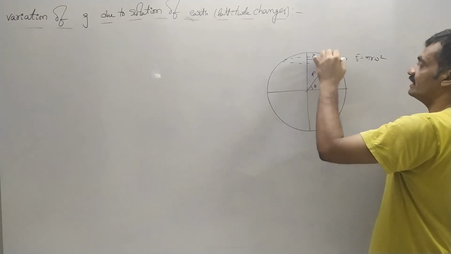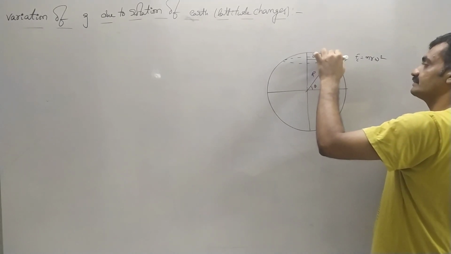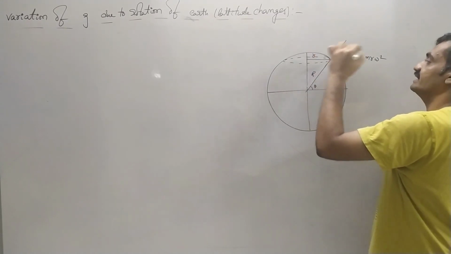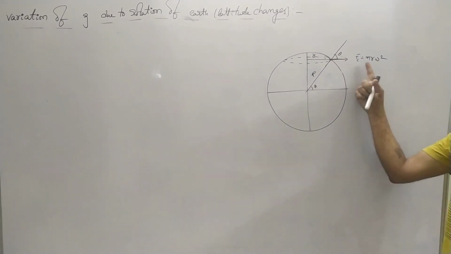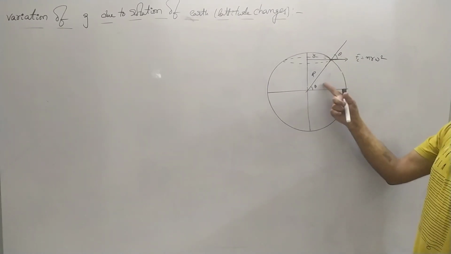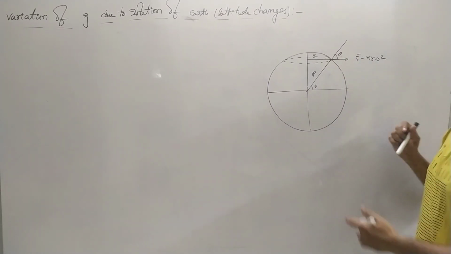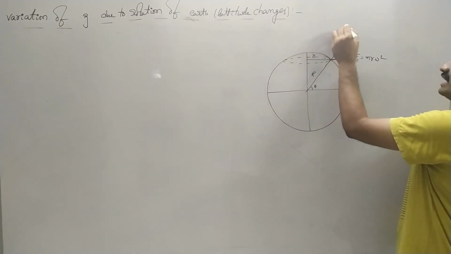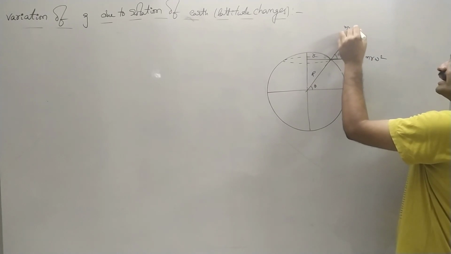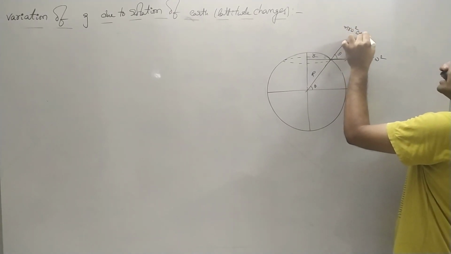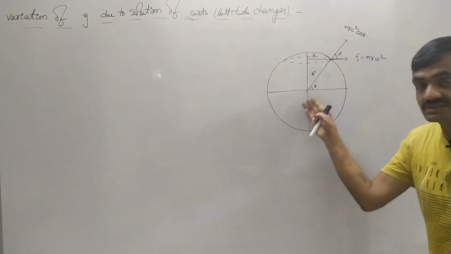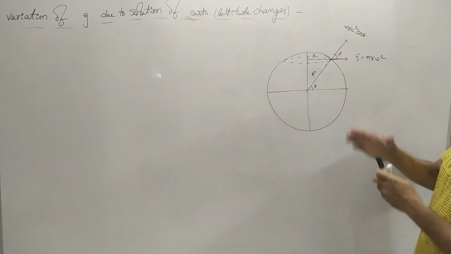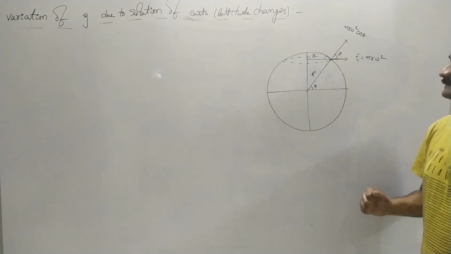Since it makes an angle of theta, as we extend this line, here also we can represent the angle theta. This force makes an angle of theta with respect to this line from the origin. Then this force resolves into a component m r omega square cos theta, which acts towards the center of the earth along this direction.